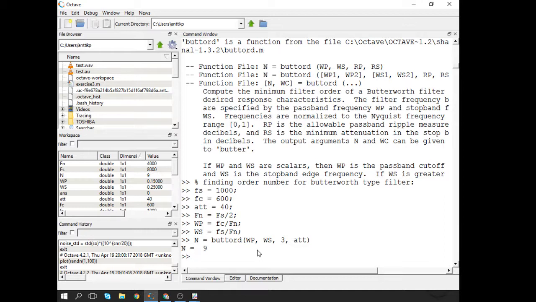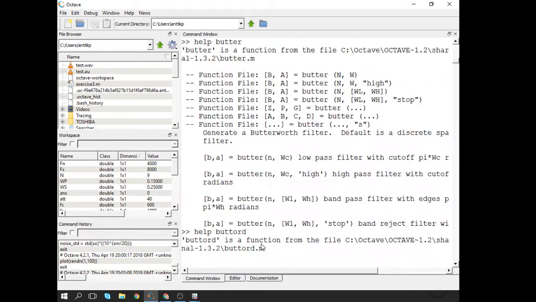Requires 9th order. Now we can use the Butterworth design and get the BBN and AAN. How did it go? Let's see. N and W, yes.